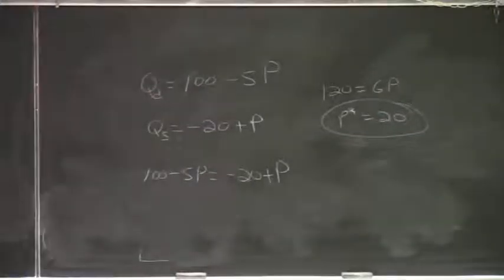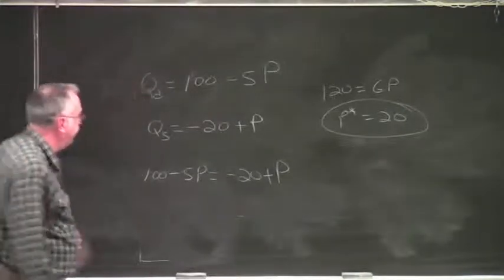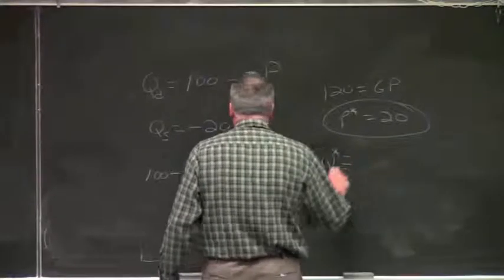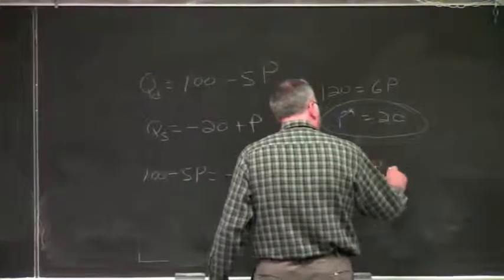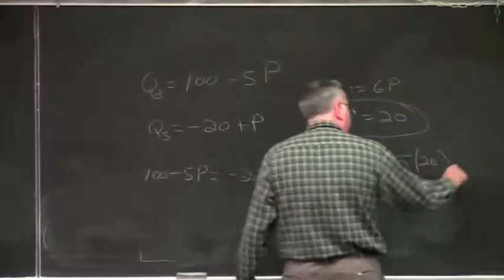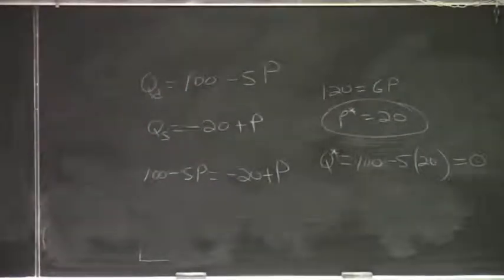Well, if the equilibrium price is 20, then go to the demand curve, substitute in that price, and the equilibrium quantity is 100 minus 5 times 20. 100 minus 100 is 0. So if I haven't made a mistake, it looks like the equilibrium quantity is actually 0 here.